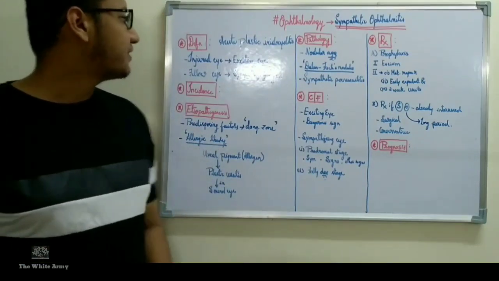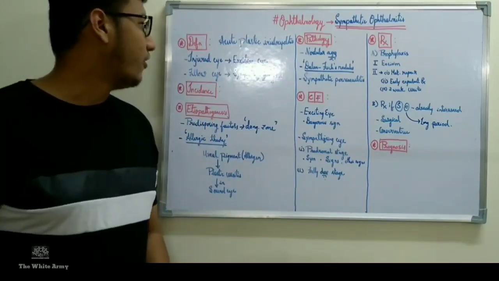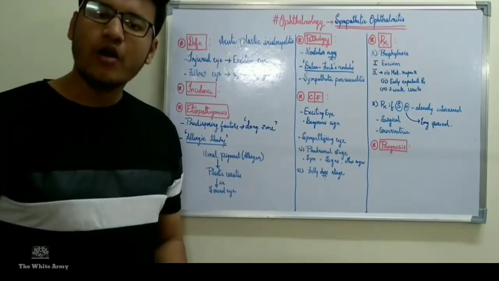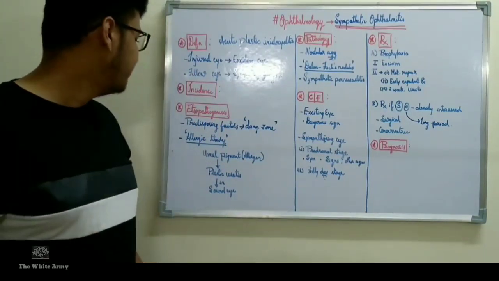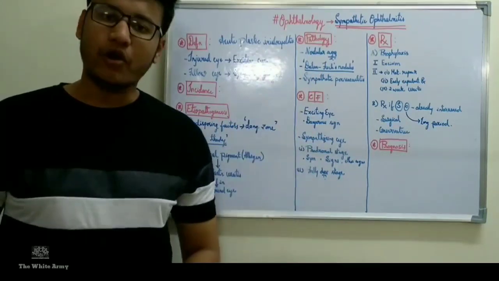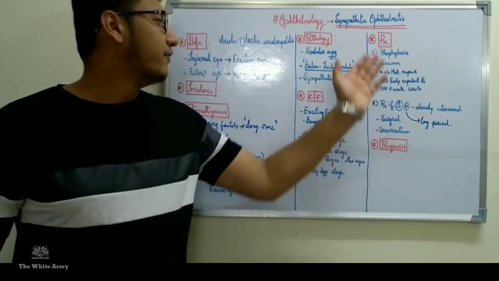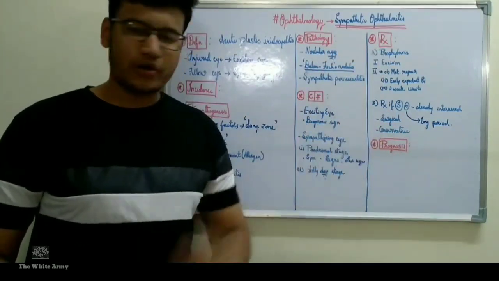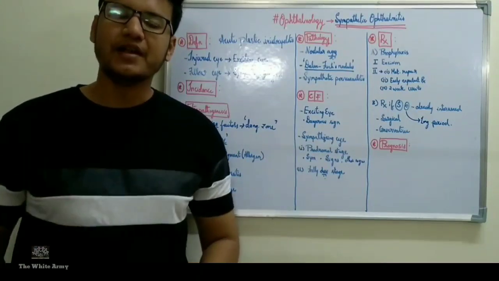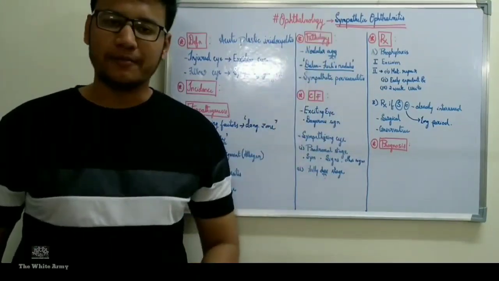In this lecture we are going to deal with the definition of sympathetic ophthalmitis, the incidence of this disease, etiopathogenesis, pathology involved, clinical features, and finally the treatment and the prognosis. Let's begin with a discussion on sympathetic ophthalmitis.